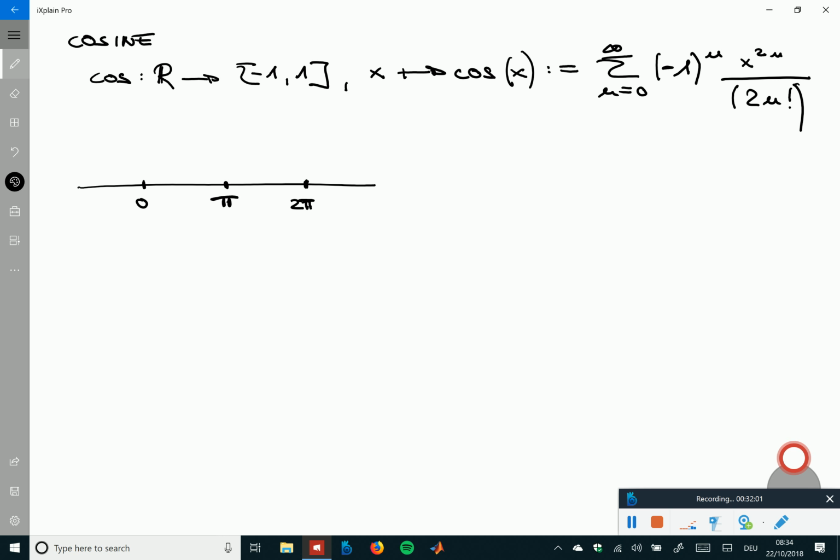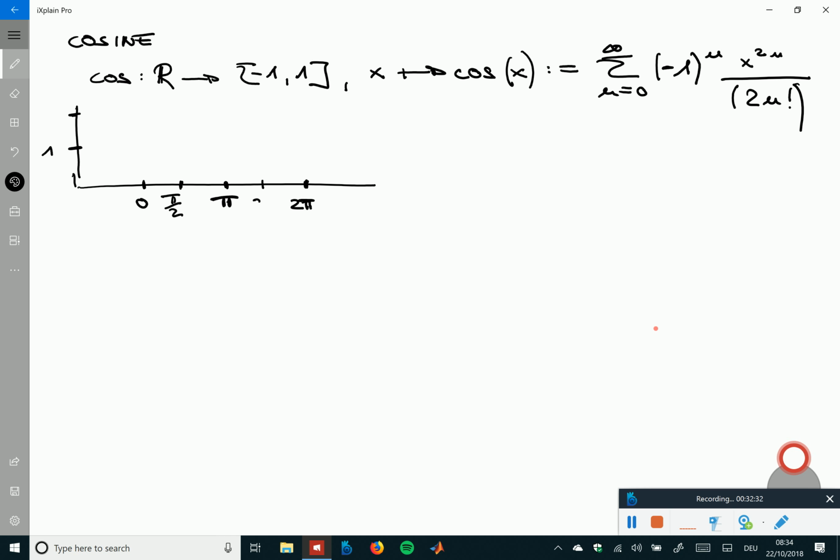And then the cosine of 0 is 1. And then it does a full revolution over 2 pi. Now this will be fun. I make it smaller, it's easier for me. And this is pi half.